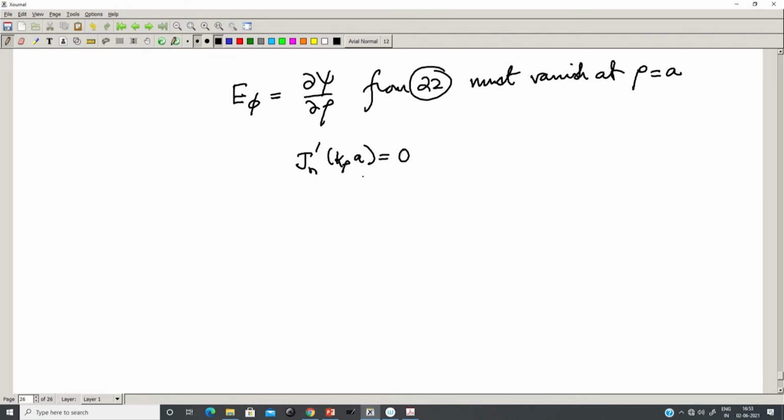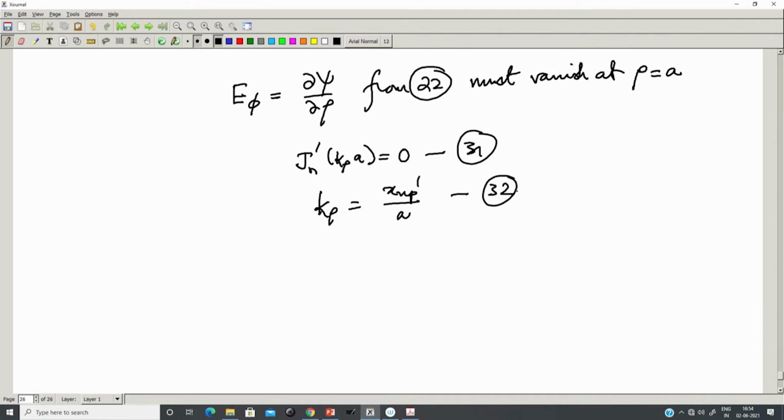So, we can satisfy this equation, which is equation 31, by choosing k rho as x n p dashed by A, which is equation 32. So, x n p dashed corresponds to the roots of equation number 31 and also corresponding to the ordered zeros of the derivative of the Bessel function.